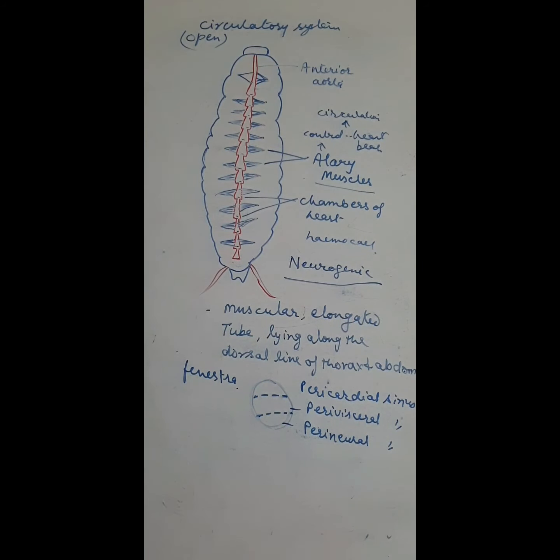So it is the open type of vascular system, or the lacunar type of blood circulatory system. The heart is a long tube-like structure, with the anterior end open and the posterior end closed.